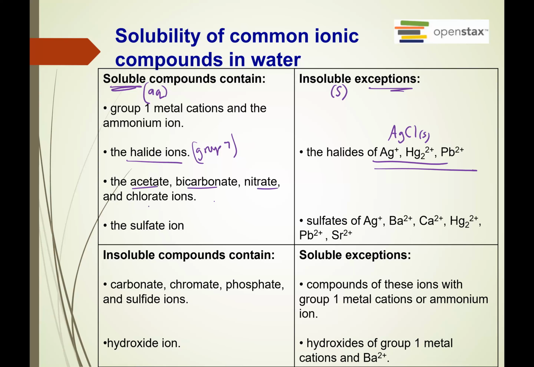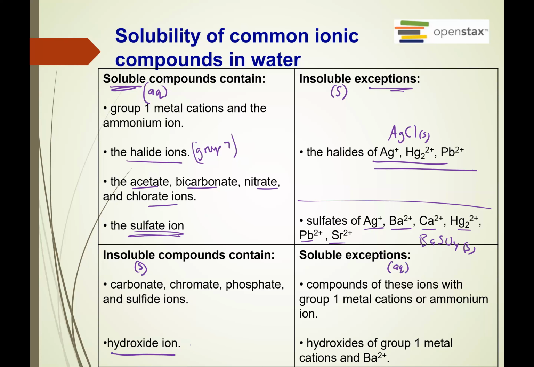These are all soluble, no exceptions. Sulfate is soluble except if it comes in the form of one of these. So like BaSO4 would be a solid. Insoluble compounds, which means these ones are all going to be S's, and these are their exceptions, which will all be AQs.